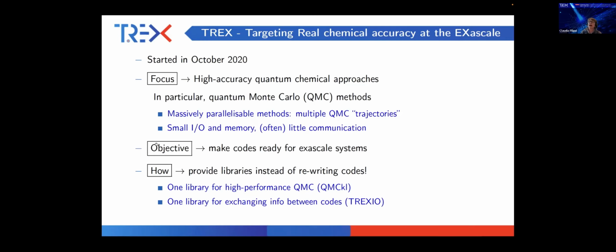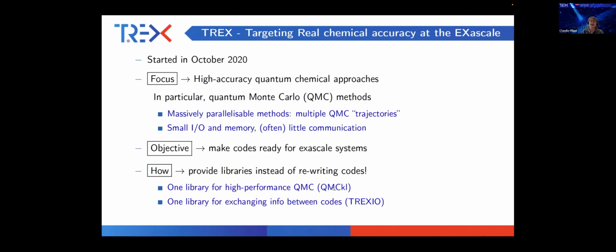The objective of the consortium is to make our codes ready for Exascale systems, and of course, we are also directly working on the codes which will be presented to you, but we decided not just to rewrite the codes, but also to provide some libraries. One first library is a library of kernels for quantum Monte Carlo.